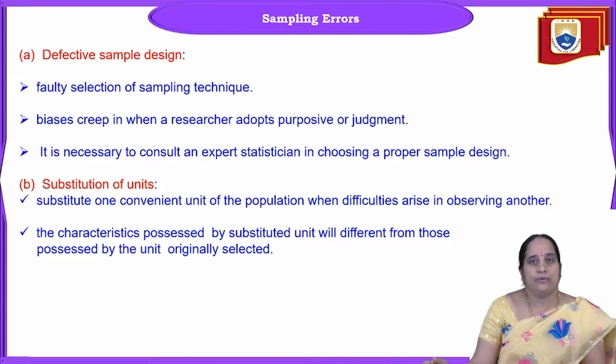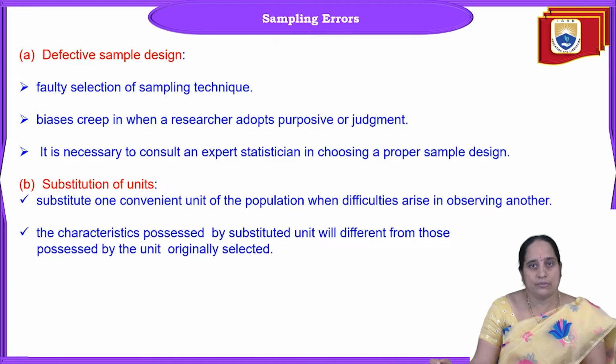In random sampling, without any proper criteria, we choose some of the objects from the complete enumeration. Non-random sampling means we follow some systematic procedure in the selection of a sample. If you use one type of technique instead of the other in the selection of a sample, that again leads to defective sample design, so we can have a faulty selection of sampling technique.